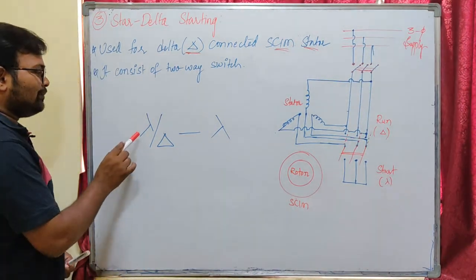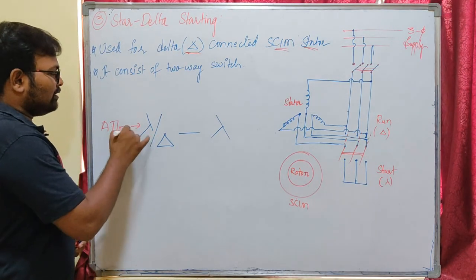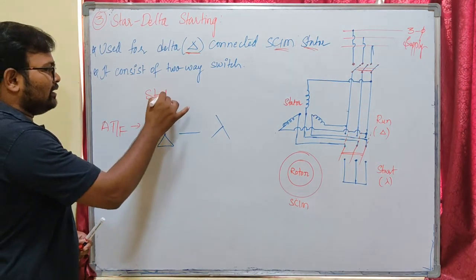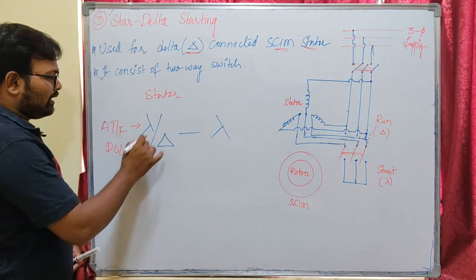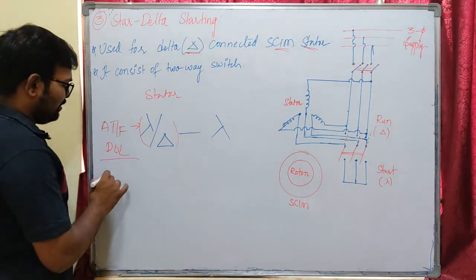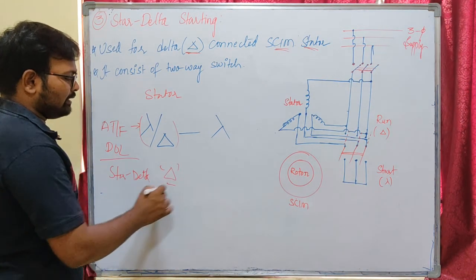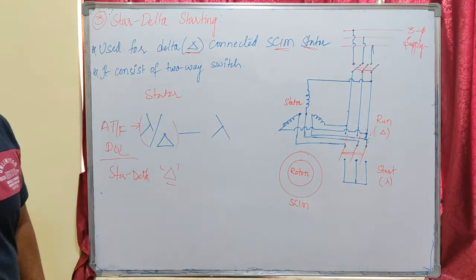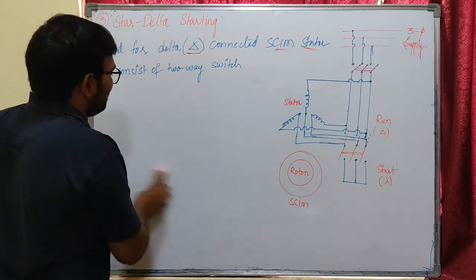That means the stator can be star or delta. Auto transformer starting can be used for star or delta connected stator, and DOL can also be used for star or delta connected stator, but our star delta starter is used for delta connected stators. Delta connected stators of squirrel cage induction motors will be started using star delta starters.